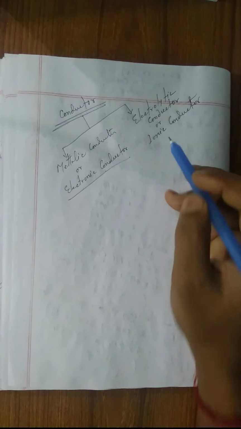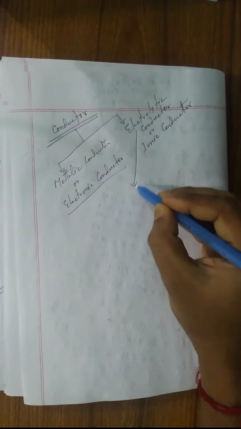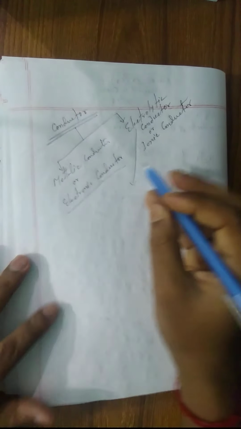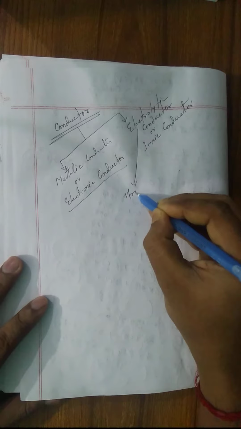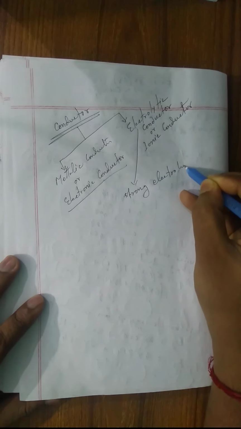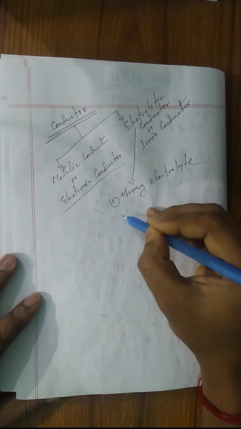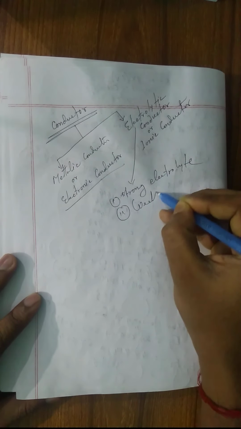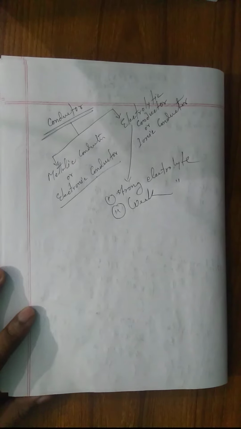The electrolytes are of two types: strong electrolyte and weak electrolyte. So what is a strong electrolyte? The electrolytes that remain completely ionized in molten or dissolved state is a strong electrolyte.